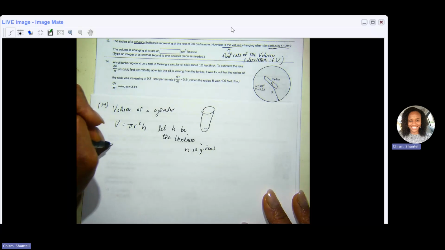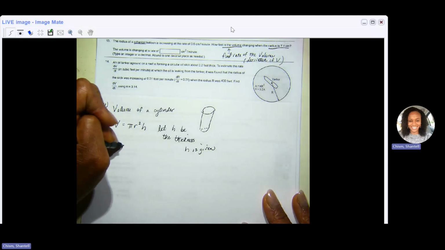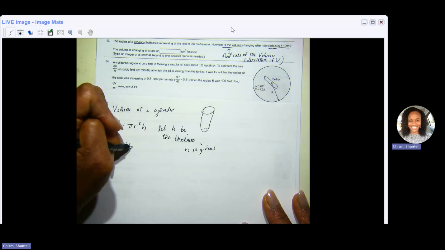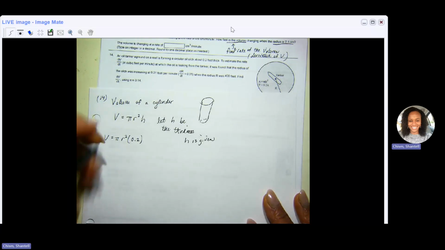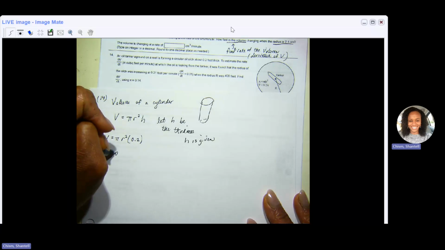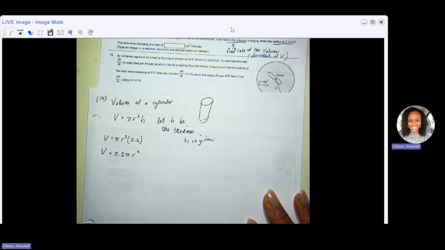So v equals pi r squared, and then h is 0.2. Since that's a decimal number, we can pull that to the front. So 0.2 pi r squared is what we're working with.